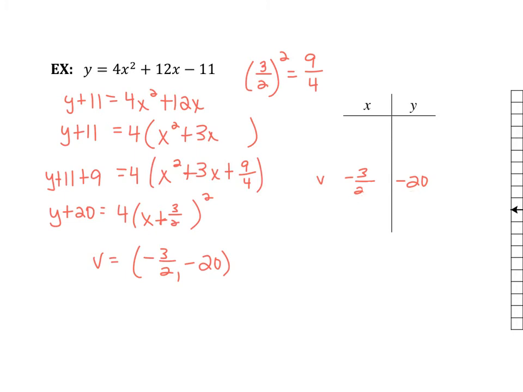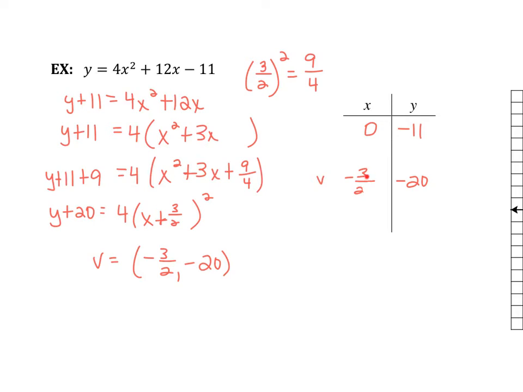Okay, so we've been asked to find the y-intercept. So if we plug a 0 in for x right here, we're going to get 0, negative 11. We need to identify a symmetry point. So let's do a symmetry point with respect to this y-intercept. The vertex is going to be in the middle, so to speak.